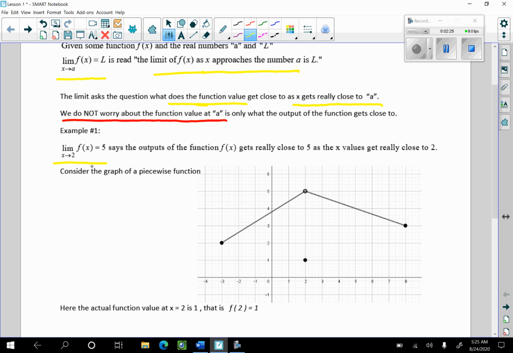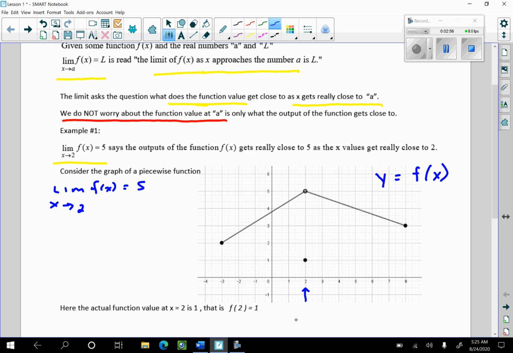So let's look at the graph and consider it a demonstration of this limit. Just repeating what I have, the limit as x goes to 2 of the function f of x is equal to the real number 5. And this graph right here, we're going to let be y equals f of x. And of course, this is my x value 2.